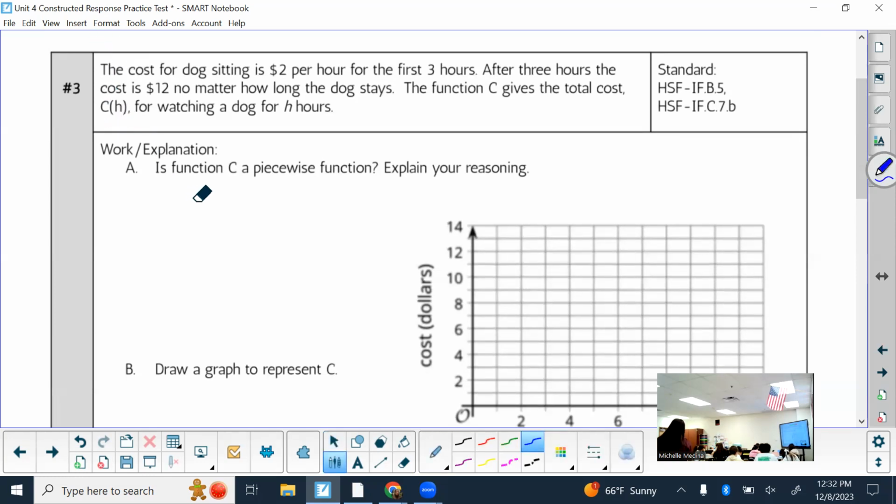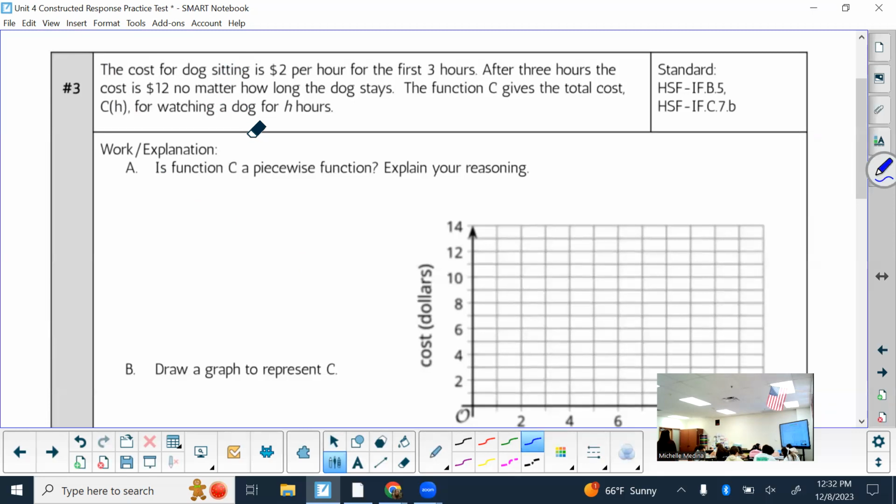What makes something a piecewise function? We learned about that yesterday. I had you write it down. Maybe you're looking at your notes. Okay, good. So a function that's defined with different expressions for different intervals in the domain.